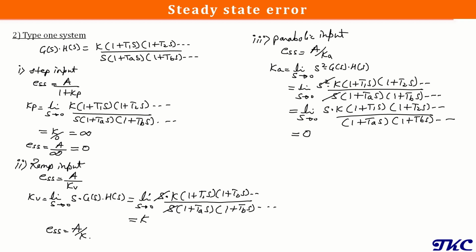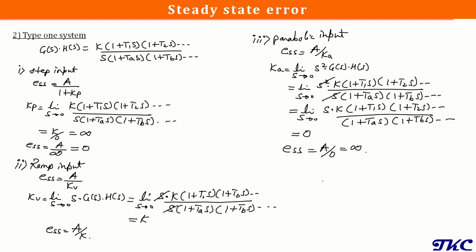So we are going to get a 0 value. Now let's substitute this in the steady state error equation. Steady state error will be equal to A by 0, that is infinity. So for parabolic input, when we are considering a type 1 system, we are going to get steady state error as infinity. In this way, we can find the steady state error based on the type of system that we are having and under the given input.